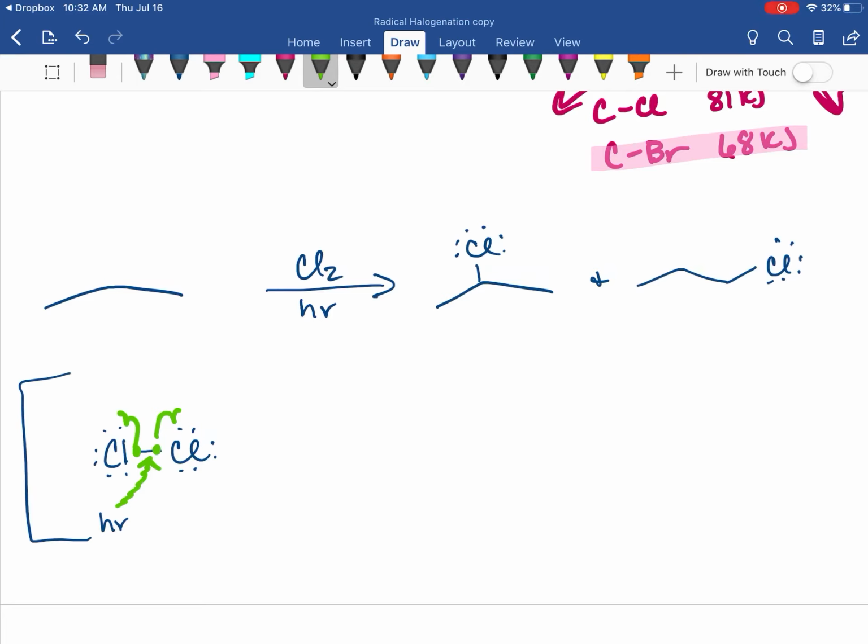What it does to that bond is break it evenly. It's called a homolytic cleavage. It does not break that bond to one side or the other. You literally break it even. So what you've just done to your chlorine is form two radicals. Now, do we have a charge on there?